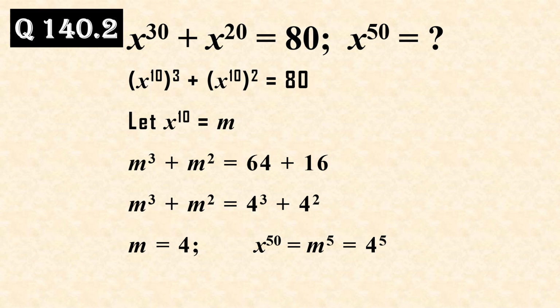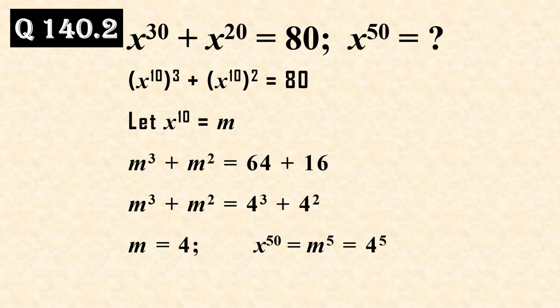Answer to question 140.2. X power 30, x power 20, x power 50. The common factor is x power 10. Let m be equal to x power 10. X power 30 is m cube. X power 20 is m square.